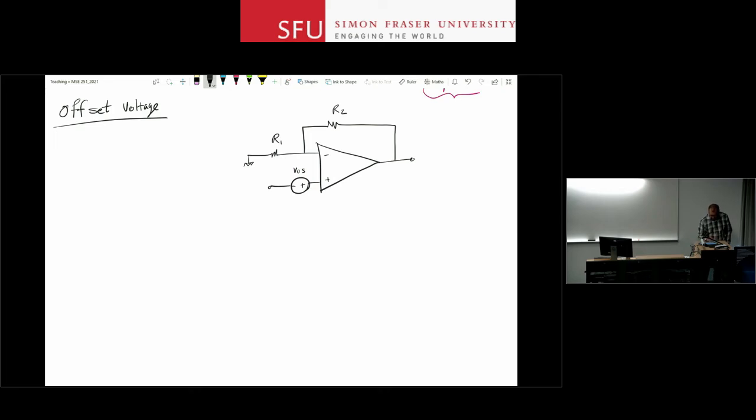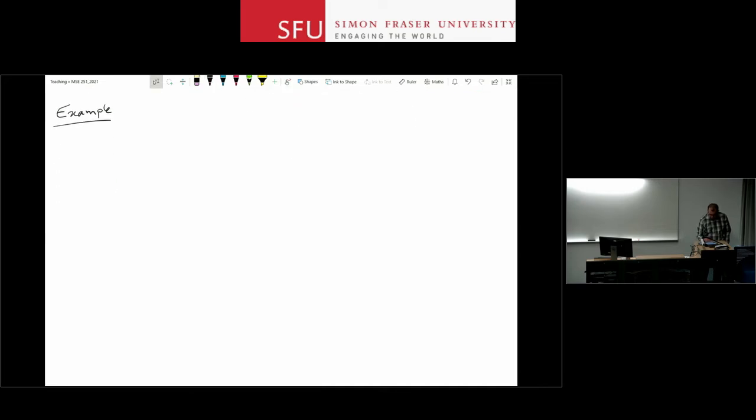Now let's just go through an example and see how it can make life difficult. Let's assume that you have that situation that I mentioned, that you have a thermocouple that is producing microvolt level signals. You want to amplify this by a gain of 1,000,000 to get up to, let's say, volt levels.